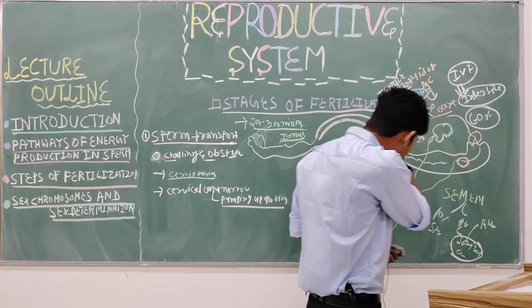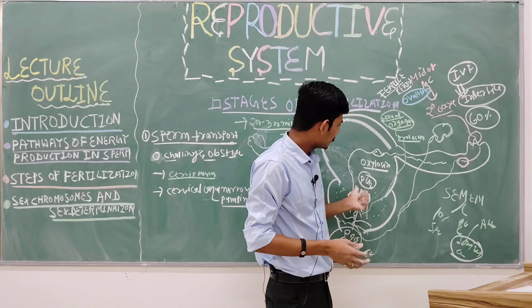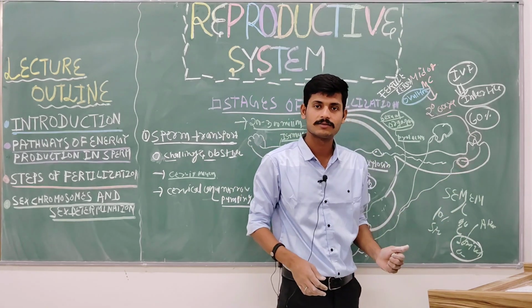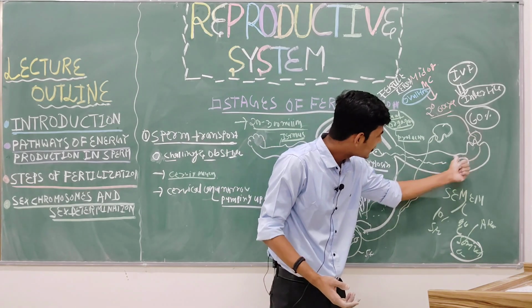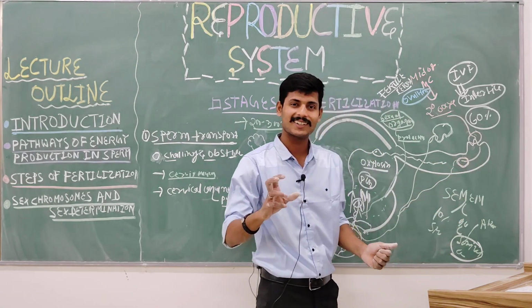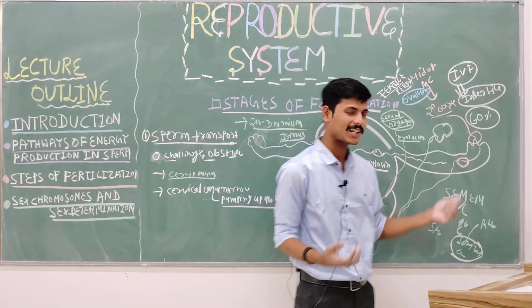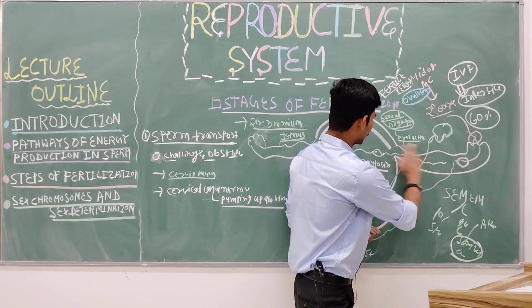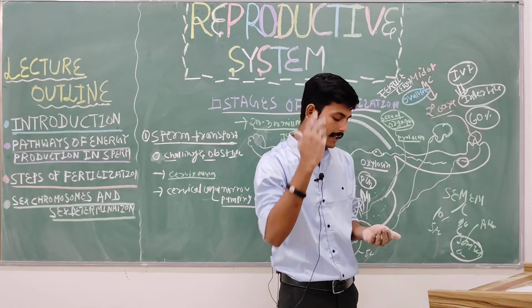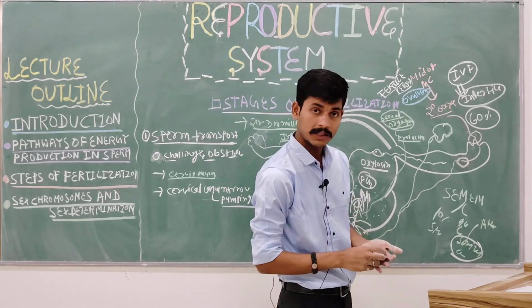Now, the question arises: how does he know that his girlfriend is waiting here only? How does the sperm know? His girlfriend has one kind of special, you can say, perfume, which attracts the sperm, and that is referred to as chemotaxis.